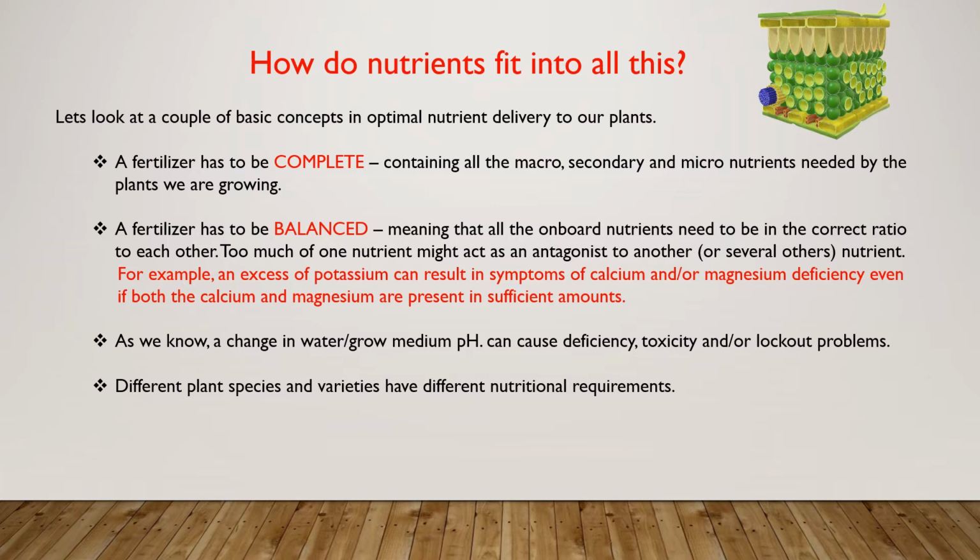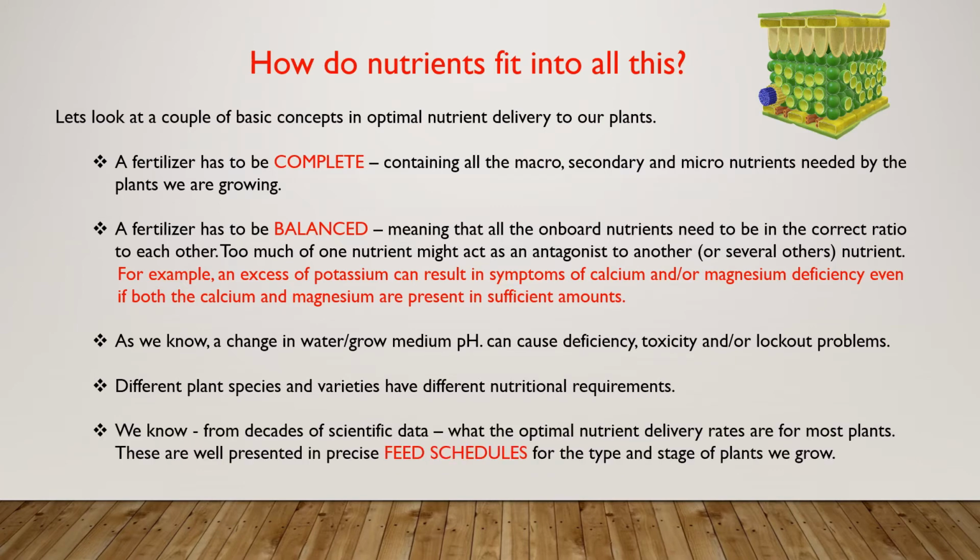Different plant species and varieties have different nutritional requirements. One fertilizer that may be perfect for certain varieties and species of plants may be detrimental to another type of plant. And we know from decades of scientific research and data that the delivery systems and the requirements of different plants are well recorded, and that we can see those in the feed schedules from different manufacturers.